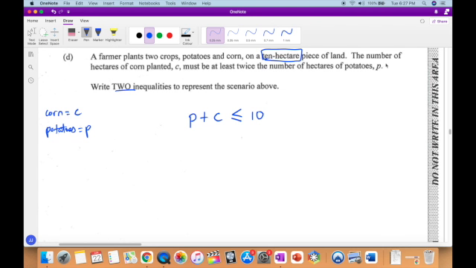So the other inequality comes from the number of hectares of corn planted. So the number of corn must be at least twice the number of hectares of potatoes. So corn must be at least, when I say that, it is like Shazay has to have at least twice the amount of money as Scotia.